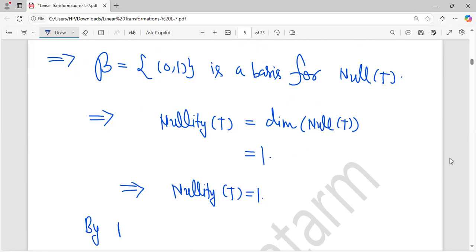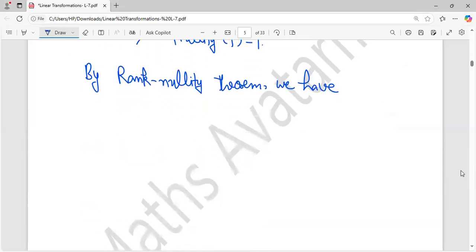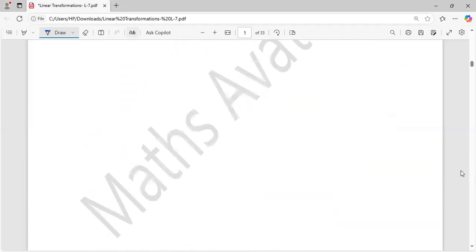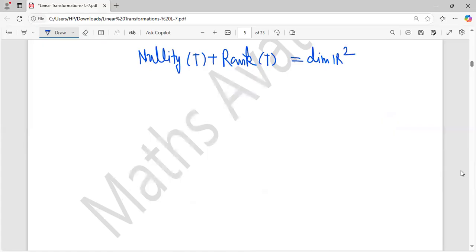By the rank-nullity theorem, we have nullity of T plus rank of T is equal to the dimension of R square.